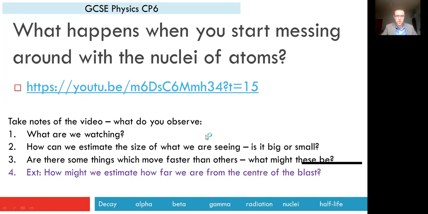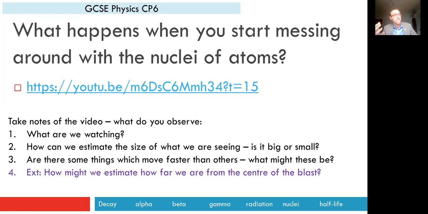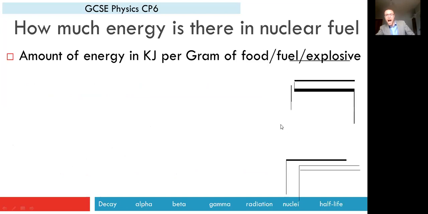Okay, moving on. So we can see that there is a huge amount of energy contained within nuclear fuel that we can release, either in an uncontrolled manner in a nuclear explosion or in a controlled manner in a nuclear power plant. You don't need to remember this, but I think it's pretty incredible just how much energy there is in nuclear fuel or nuclear explosives.